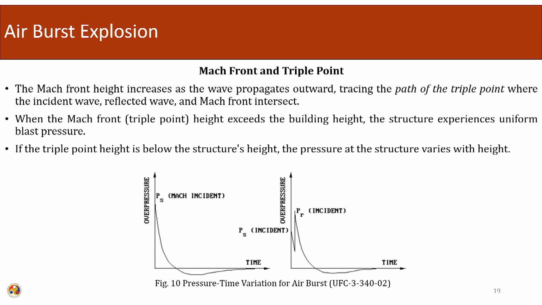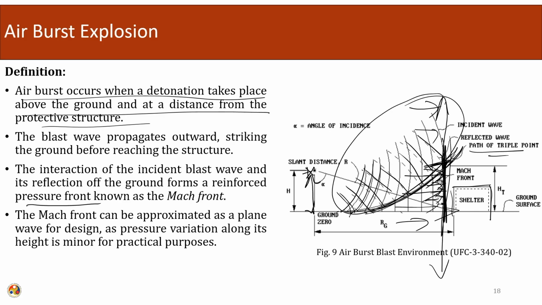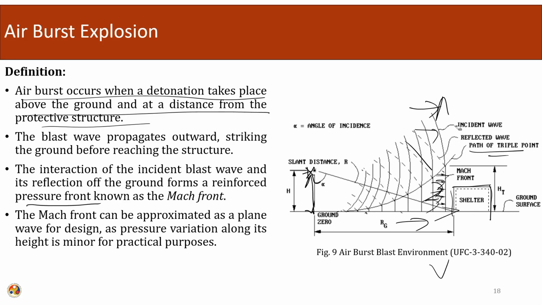The Mach front height increases as the wave propagates outward, tracing the path of the triple point where the incident wave, reflected wave and the Mach front intersect. Here we can see that from the point of interaction of the incident wave and the reflected wave, this front is formed. This is called the path of the triple point.